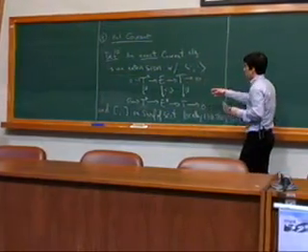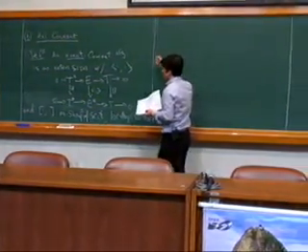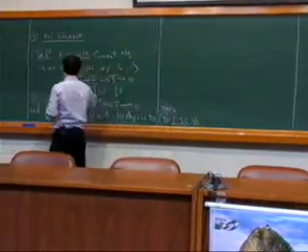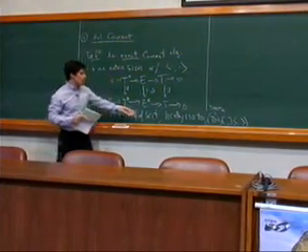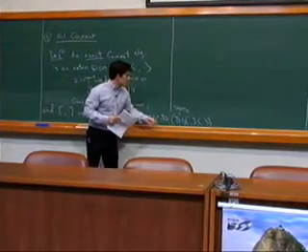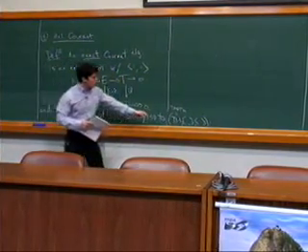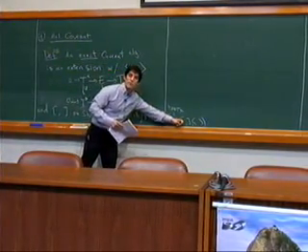So the reason why it's nice to write it this way is because all you need to know in order to classify these things is, these are things which are locally isomorphic to some standard model. So in order to classify them, all you need to know is what the automorphisms of the standard model are.